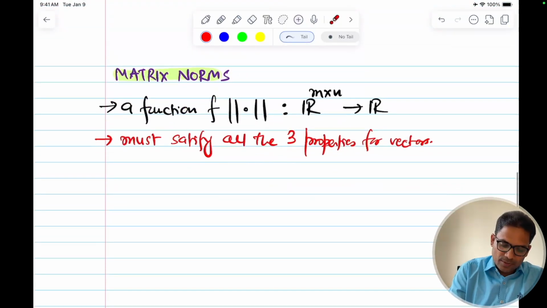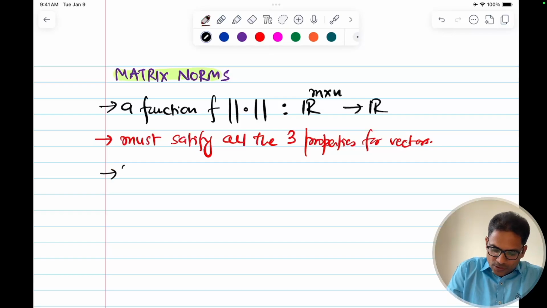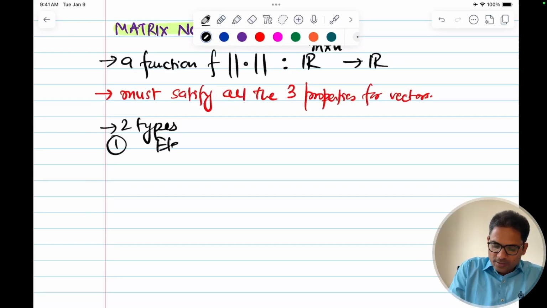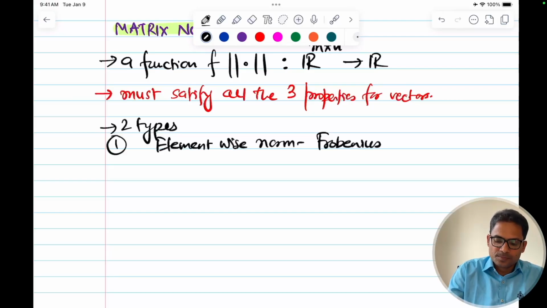And there are two types, as I mentioned. First one is the element wise norm. I have m cross n elements in a grid. In that we will discuss the Frobenius norm, which is the name of a mathematician. And the second one is vector induced.